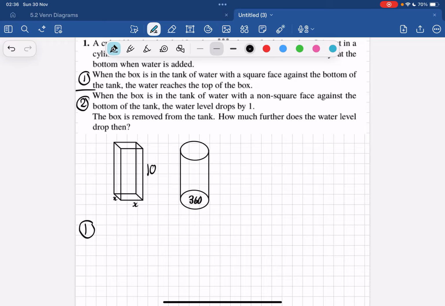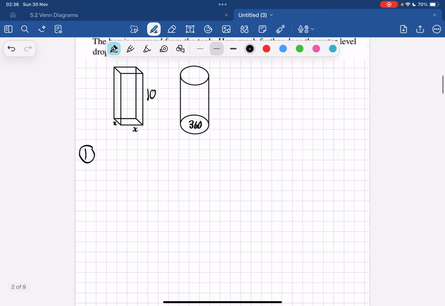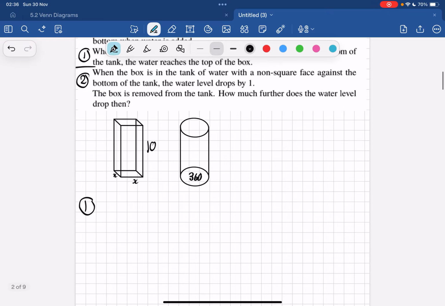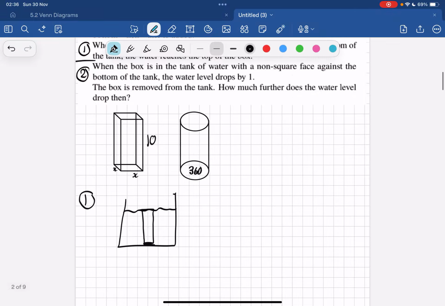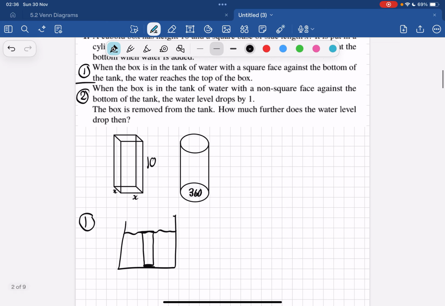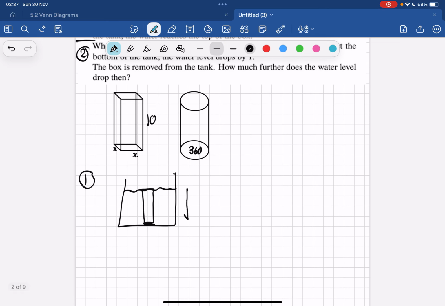So let's visualize what happens in part 1. We've got our cylindrical water tank and our cuboid placed inside, and our water level. We've got a height of 10.